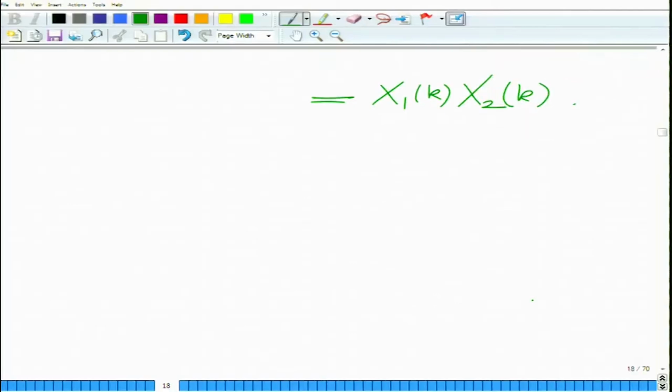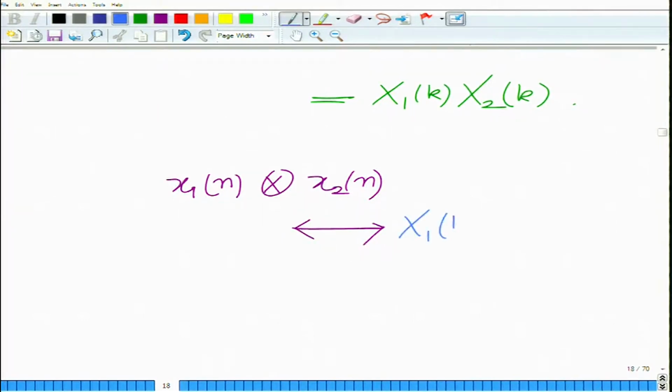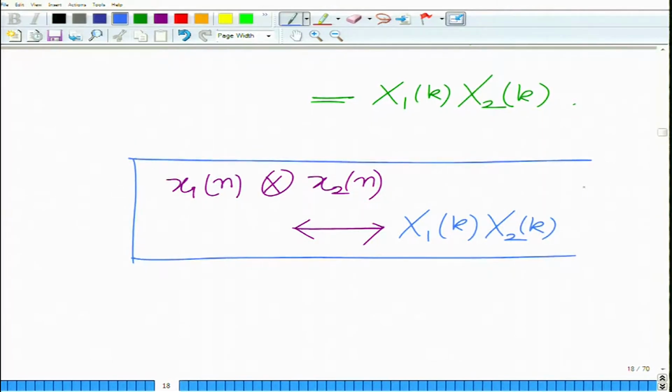So we have two finite time domain sequences x1(n) circularly convolved with x2(n), and that has the DFT coefficients X1(k) times X2(k), multiplication in the DFT domain.